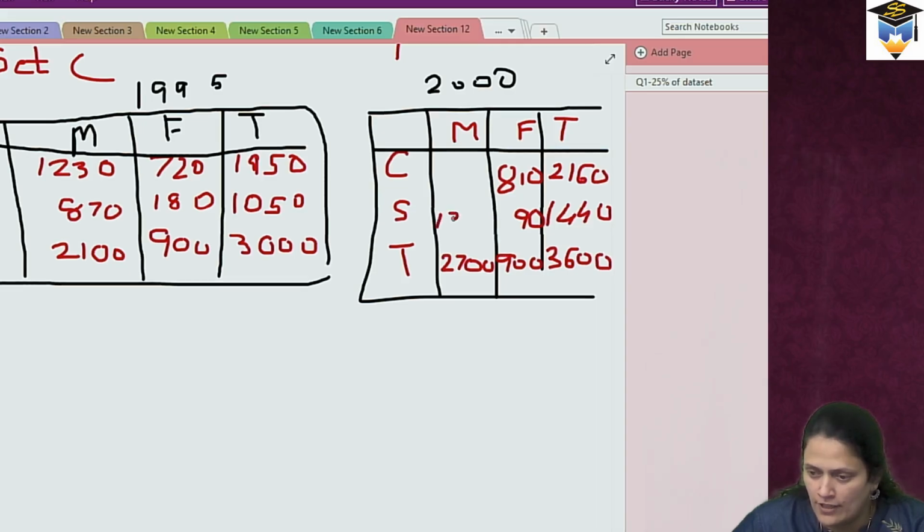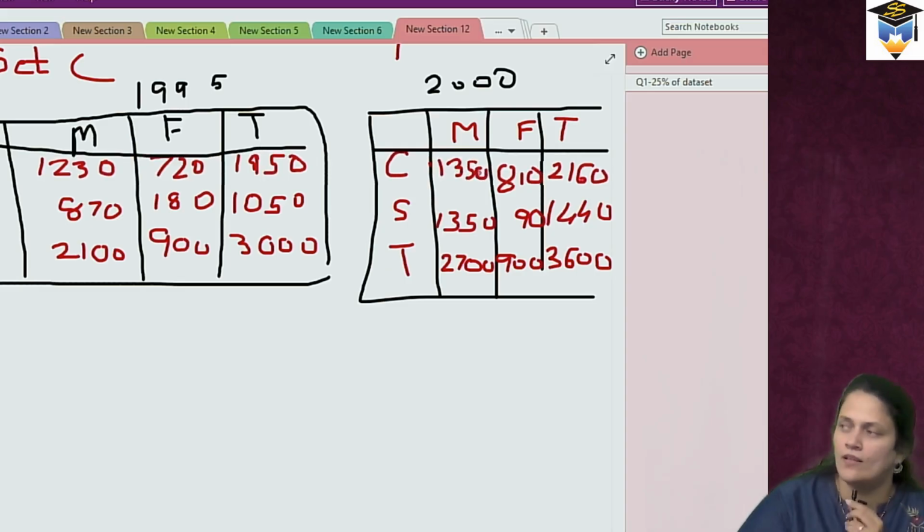This is 1350, and this is again 1350. Check whether you are understanding what I am trying to do here.